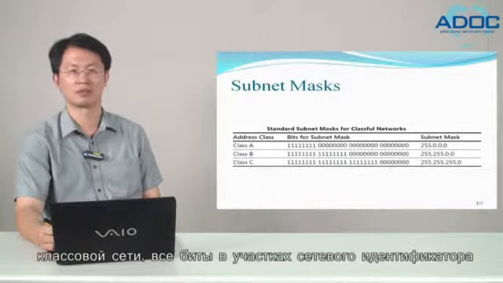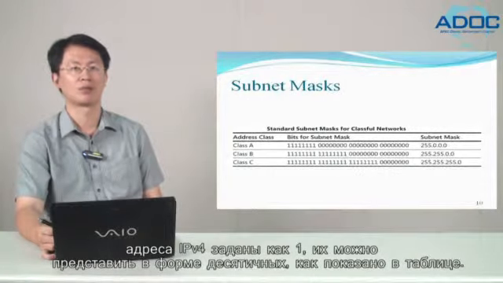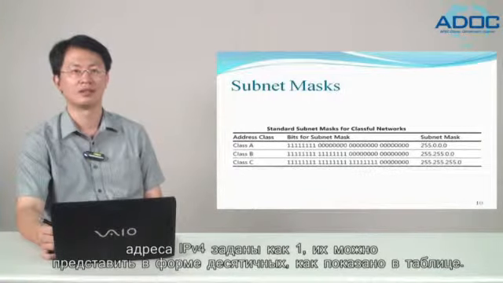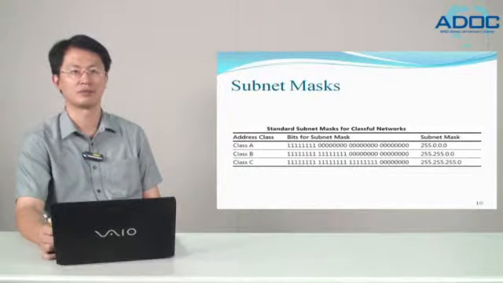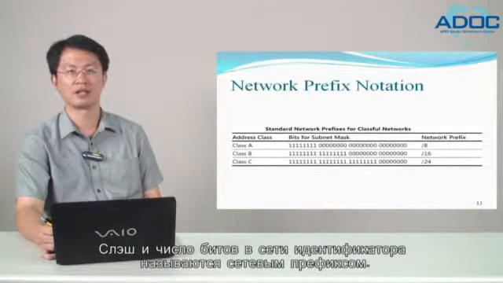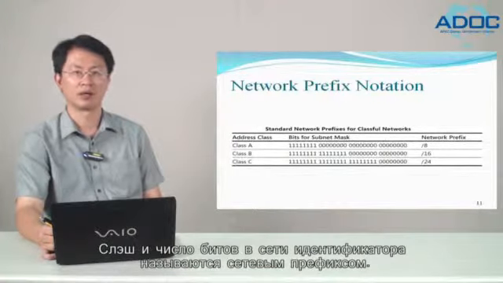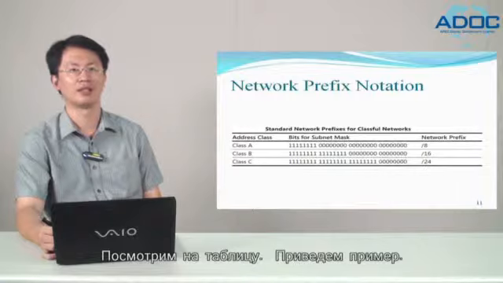On classifiable networks, all the bits in the network ID portion of the IPv4 address are set to 1 and can be presented in dotted decimal form as shown in the table. The slash and the number of bits in the network ID are referred to as a network prefix, as shown in the following table.